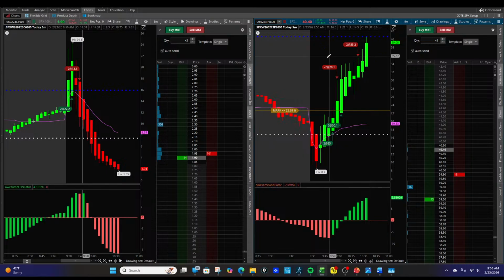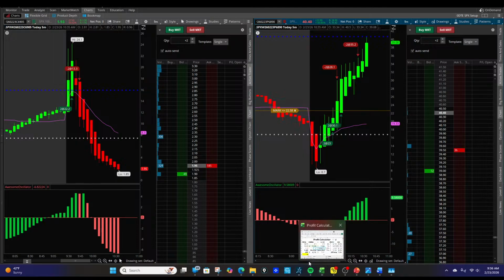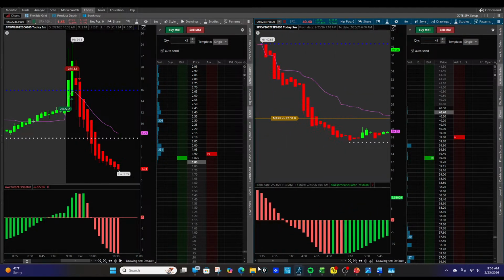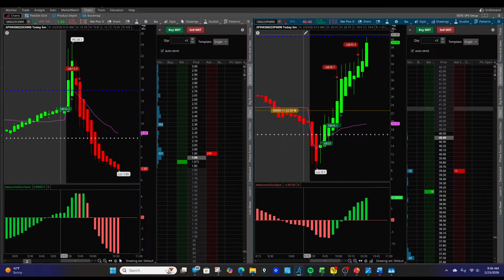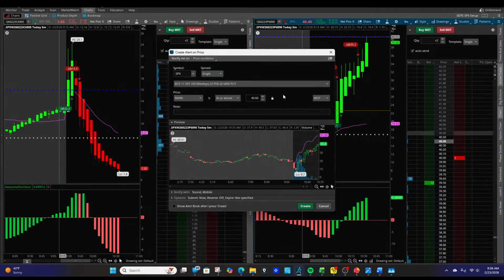Now, if it continues to go past this overnight high, which let me find out exactly what that is. 40.61. Okay. If it goes past 40.61, that's very bullish.